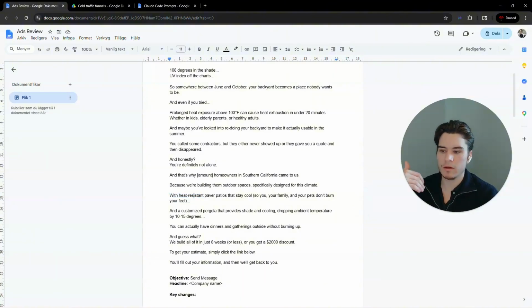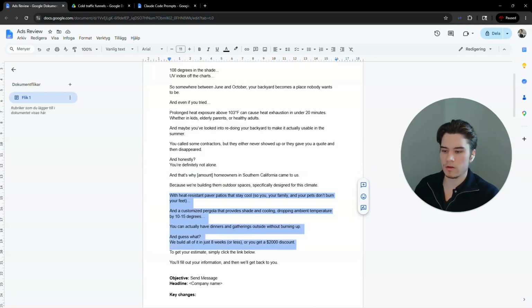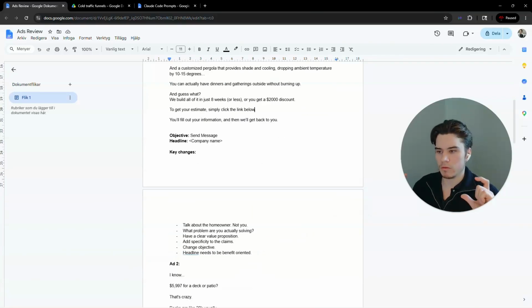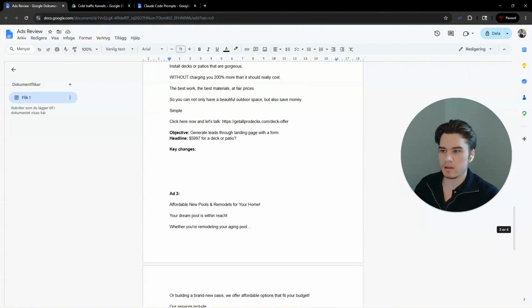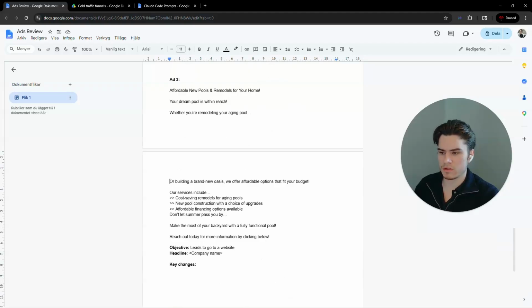So it's like, hey, here's who we are, we do this, and then we turn it back to the prospect again. So here's all the things that we do that will benefit you, right? So having the focus on the person reading and not ourselves. And that's basically what this ad is also sort of failing to do. It's not tying it back to the person reading.